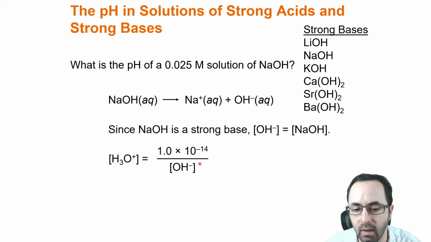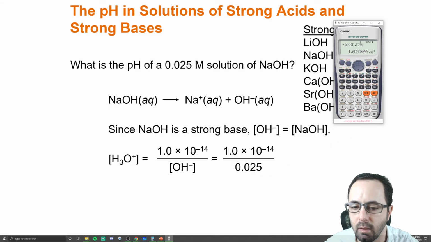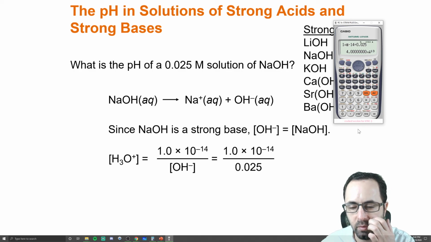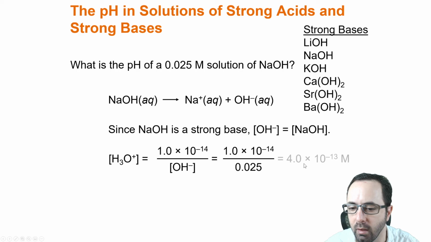And we need to get the hydronium concentration to get the pH, so we use our handy Kw formula. The Kw divided by hydroxide: we plug in the concentration for the hydroxide, and we get 1 times 10 to the minus 14 divided by 0.025. That's going to be 4 times 10 to the minus 13, and we will write this with 2 sig figs, so 4.0 times 10 to the minus 13.